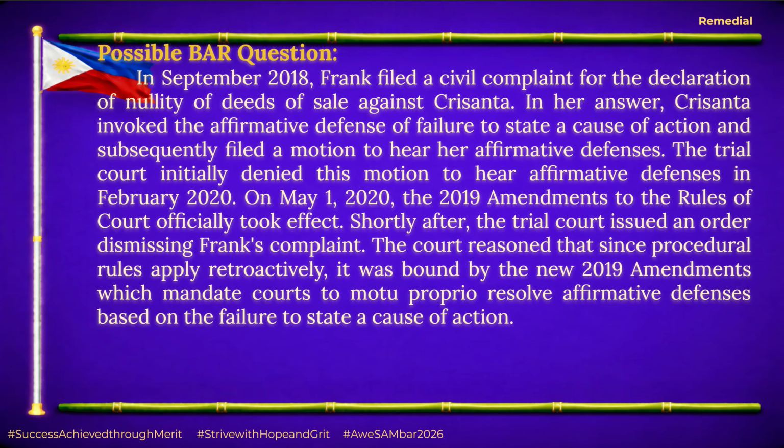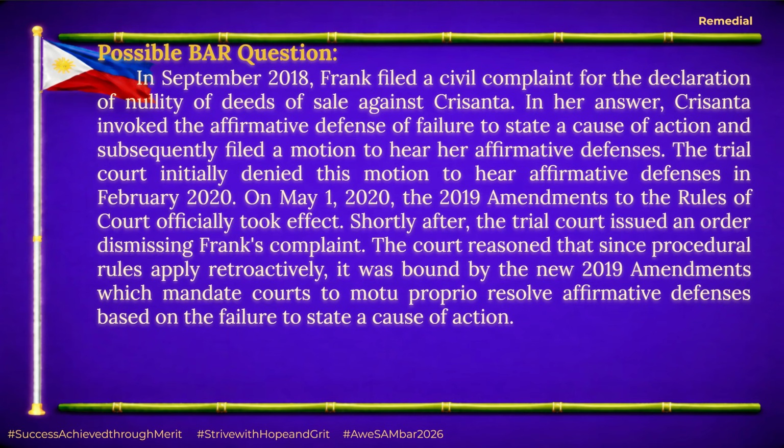The trial court initially denied this motion to hear affirmative defenses in February 2020. On May 1, 2020, the 2019 amendments to the Rules of Court officially took effect. Shortly after, the trial court issued an order dismissing Frank's complaint.